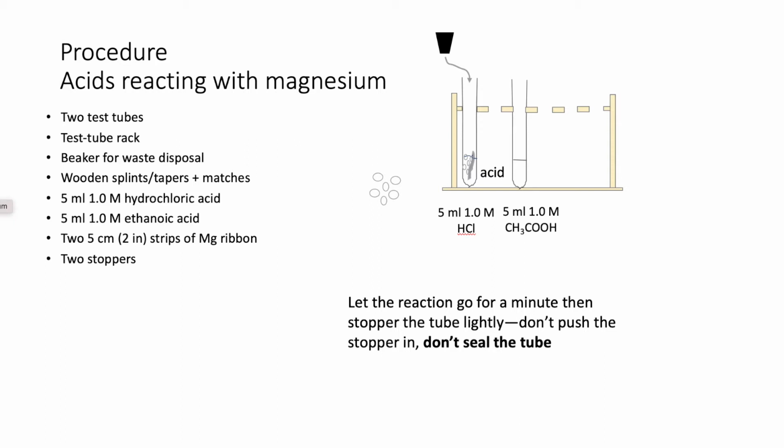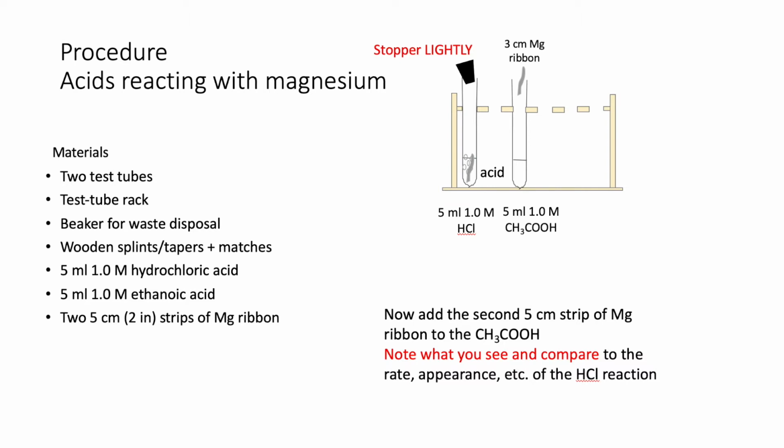Let the reaction go for about a minute and stopper the tube lightly, so gases can still escape, but not all of them in a hurry. Please don't push the stopper in and don't seal the tube. And observe carefully the bubbling and any other observations that you may see.